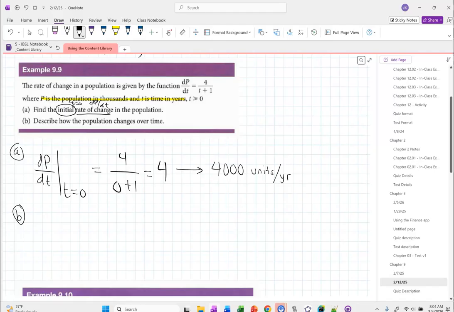So maybe I try the same thing we did before and make a sign diagram to figure out when the population is shrinking and growing. That's reasonable. So I'm going to take my derivative and set it equal to 0 to solve, because I'm going to build a sign diagram here.